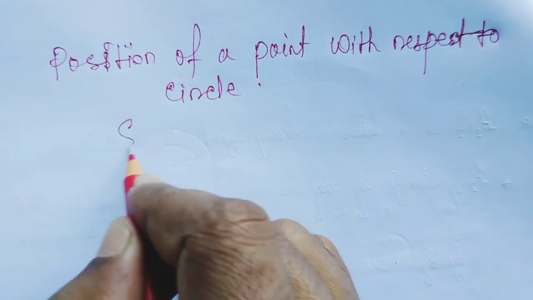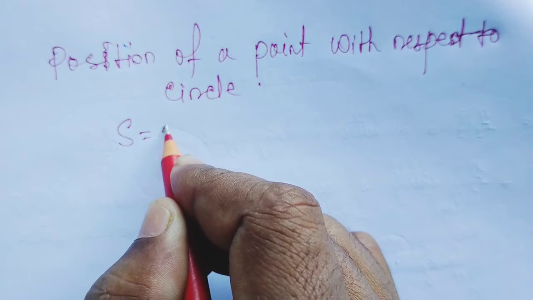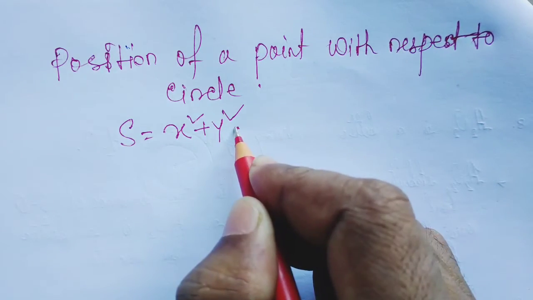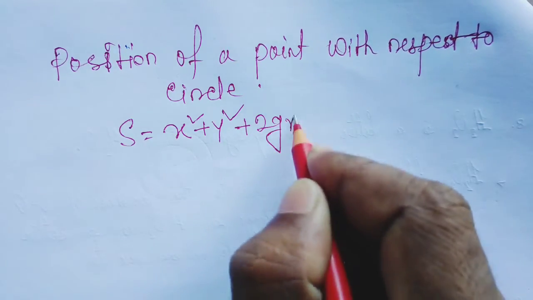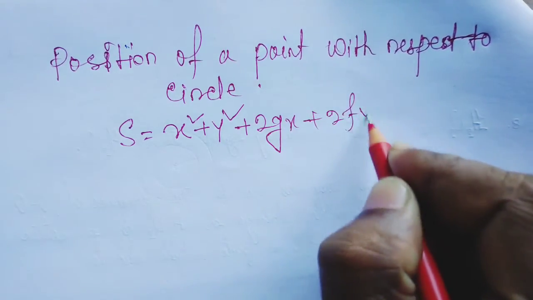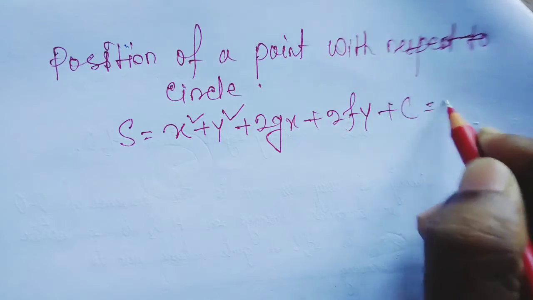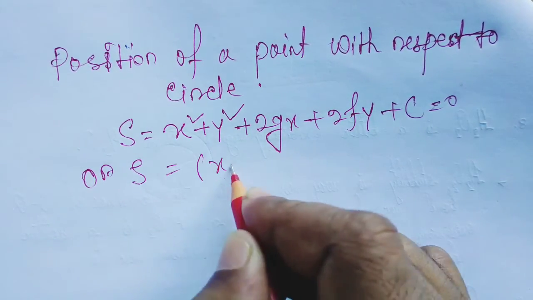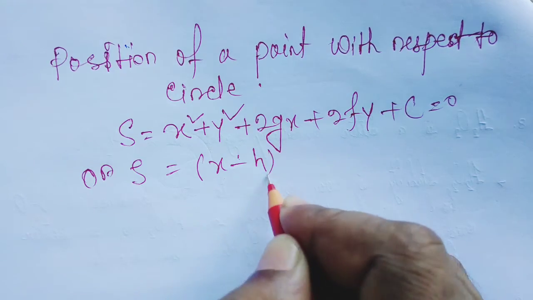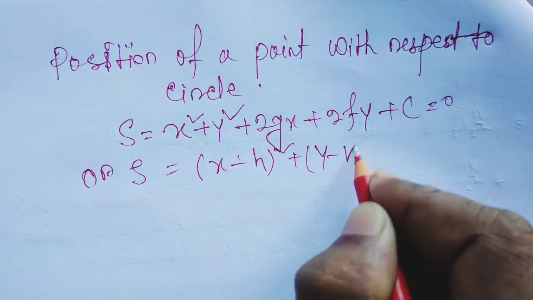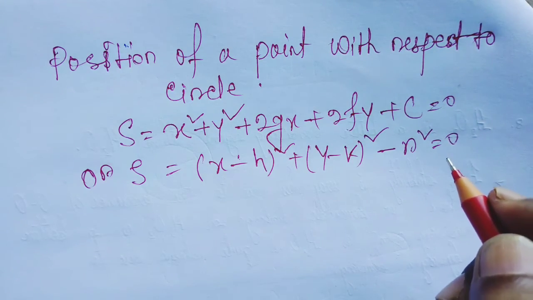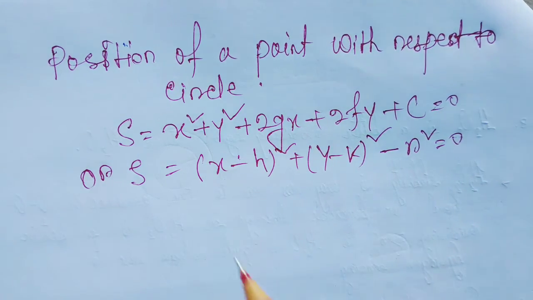Think that S equal to x square plus y square plus 2gx plus 2fy plus c equal to 0, or another form of the equation of a circle, (x minus h) whole square plus (y minus k) whole square minus r square equal to 0, be the equation of the circle.